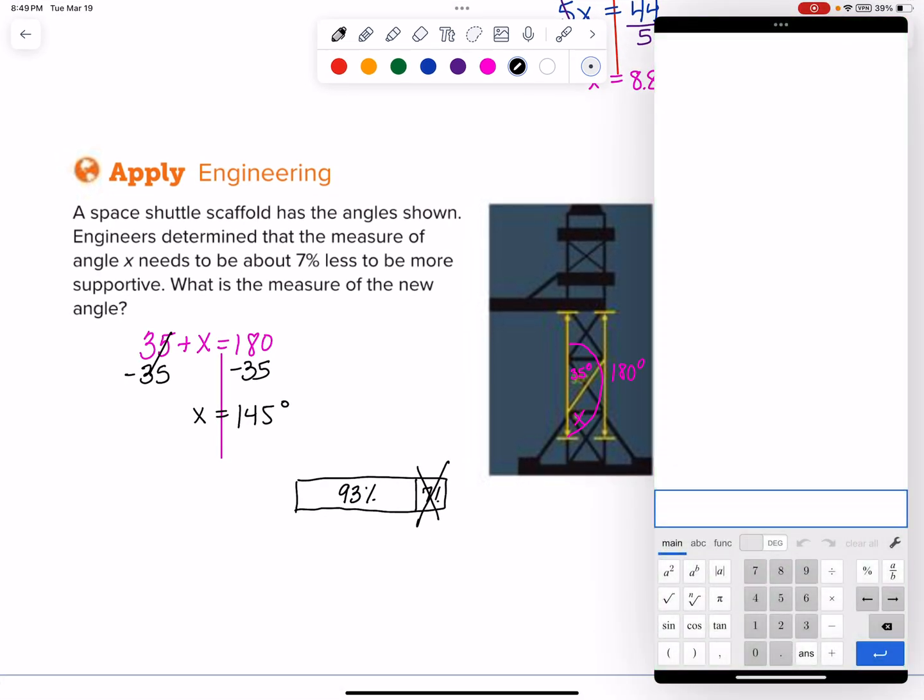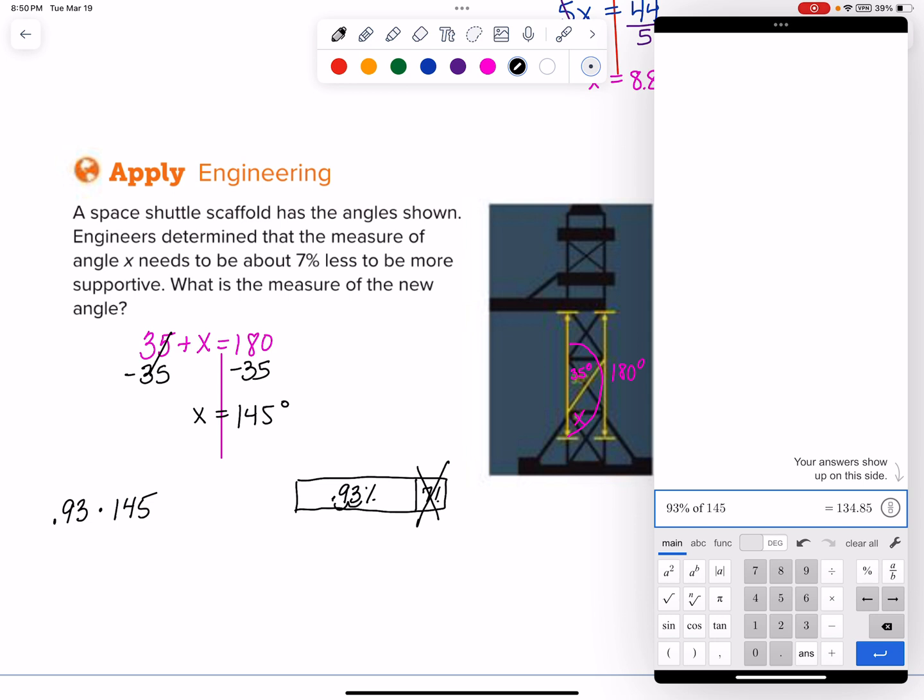Basically what we're asking is, what is 93%? If I swoop that, we're talking what is 0.93 times 145. That's going to give us our answer. Or on Desmos, we can just type 93% of 145 degrees, and we get that the 7% less measure, or the 93%, is 134.85.